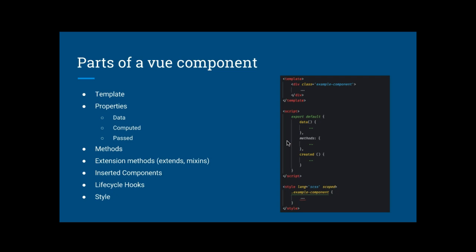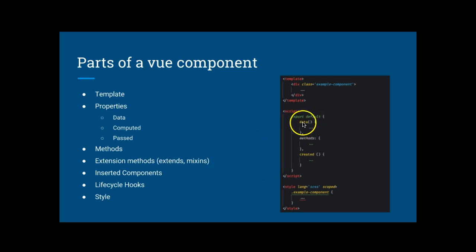If you have a component with first name and last name, and you want it to show an alert that says hello and then the full name, the click trigger would call a function down here that triggers the alert. There are other pieces like lifecycle hooks, which define what to do when the Vue component is at various stages of creation, running, or destruction.